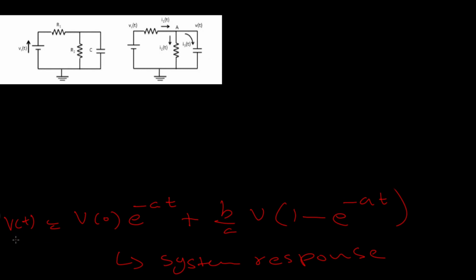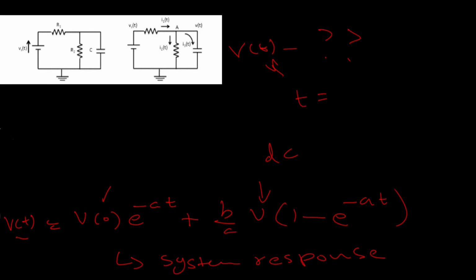So v(t) is the capacitor voltage at some random time. Whatever the time is, you input it, you get the voltage of the capacitor at that specific time. V0 is the initial condition of the capacitor, what the initial voltage is, a, b, a and all are constants, and V is the supply voltage. It's the DC supply. That's it. Very simple. And please don't mix up v(t) and V. It's a common mistake a lot of students make.